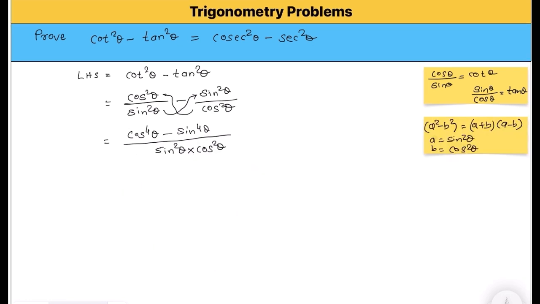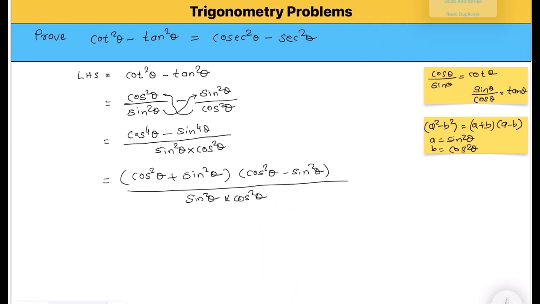We have already seen so many times a square minus b square is equal to a plus b, a minus b. Assume a is equal to sin square theta, b is equal to cos square theta. Expand cos raised to 4 theta minus sin raised to 4 theta as cos square theta plus sin square theta into cos square theta minus sin square theta. Denominator remains as it is, sin square theta into cos square theta.